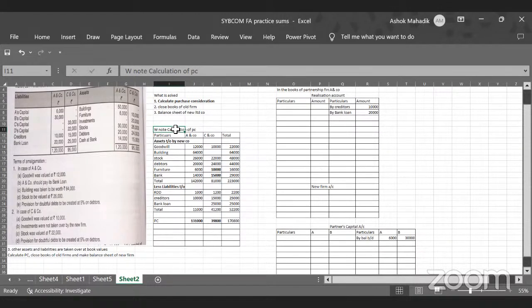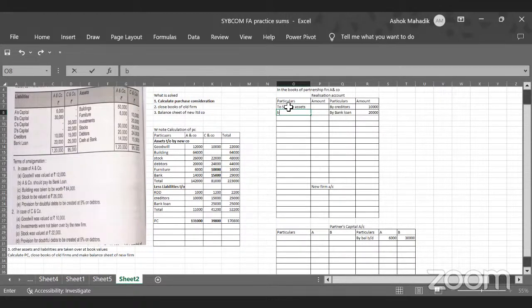Now look at the asset side of A and company. Since assets have debit balance, we'll record on the debit side. We can give a common heading to sundry assets and record one by one all the assets. That can be done in case of liabilities. While closing books of old firms, always remember, only take old values, never look at the adjustments.